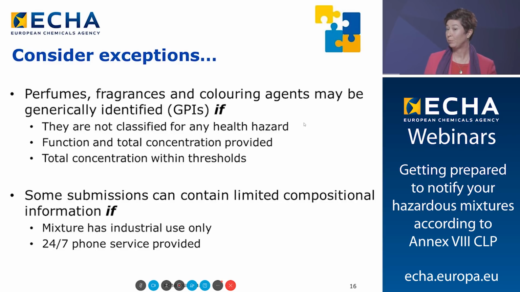For example, perfumes, fragrances, and colouring agents may be generically identified if they are not classified for any health hazard, the function and total concentration is provided, and the total concentration is within the thresholds. Additionally, some submissions can contain limited compositional information, again only if the mixture has industrial use only and a 24/7 phone service is provided.